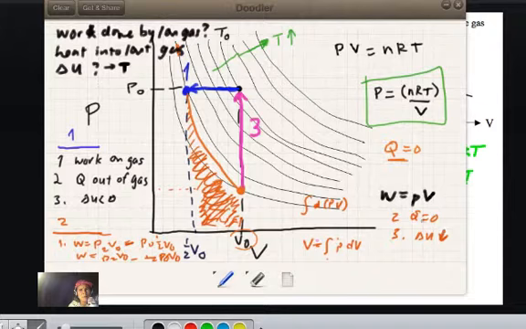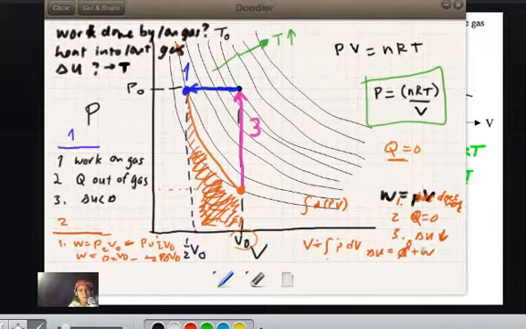Well, then I would say that given this information, the gas must be doing work in order for its internal energy to drop. I would say that the gas does work. But we know that the internal energy equals Q plus W. If Q is 0, then the internal energy change equals the work.